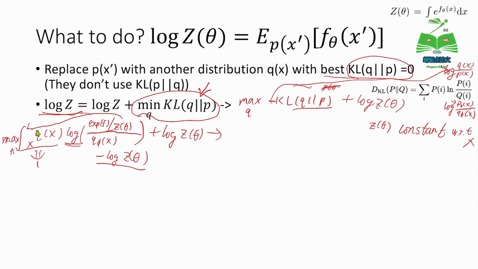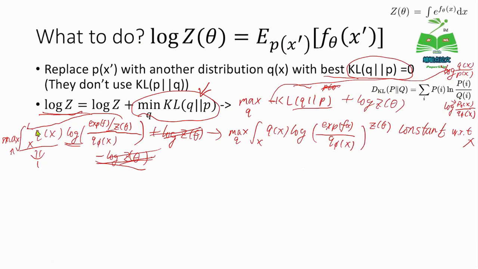So finally, we move the log z theta outside the integration and get the negative log z, and then we cancel the log z, and finally we get the integration over x of qx log exponential f x over q phi x.